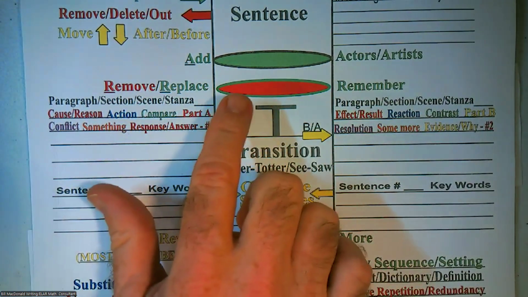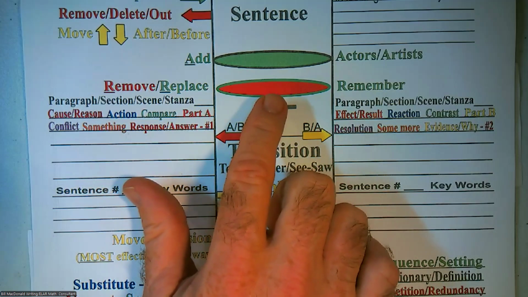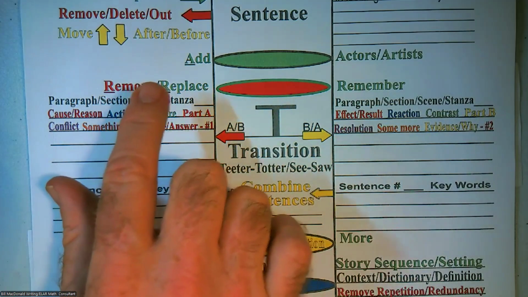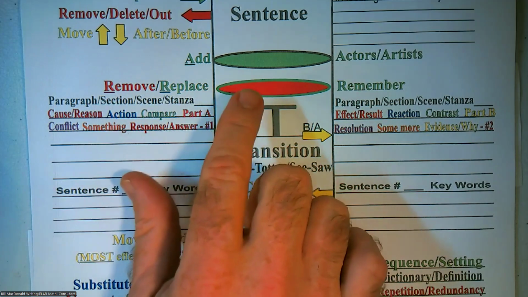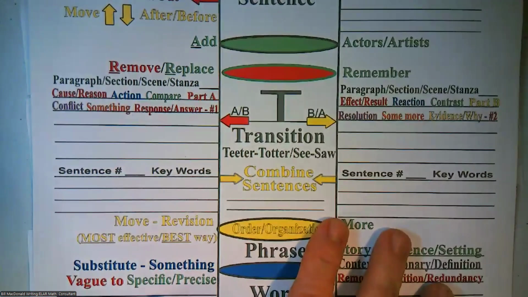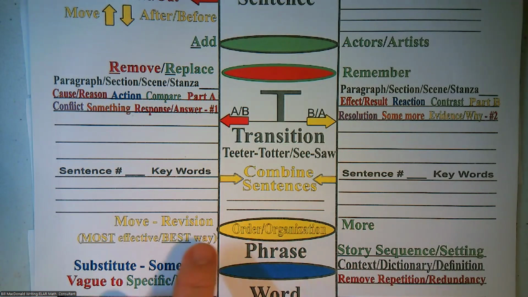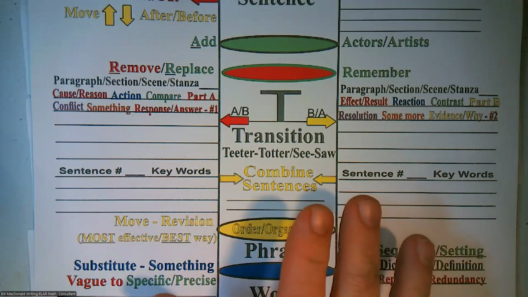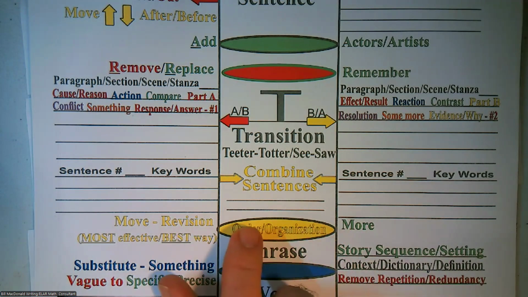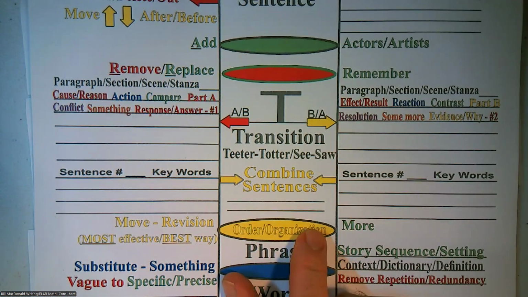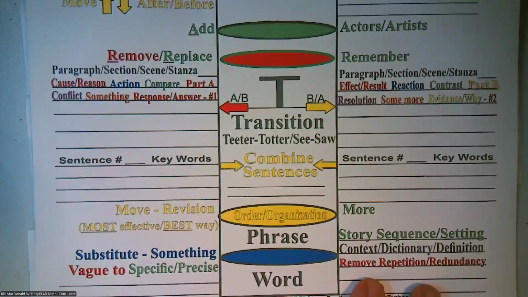Remove is red. If you remove something and replace it with something else, red and green. Or move is yellow, because we're not taking anything out or putting anything in. All we're doing is changing the order or the organization of the words.